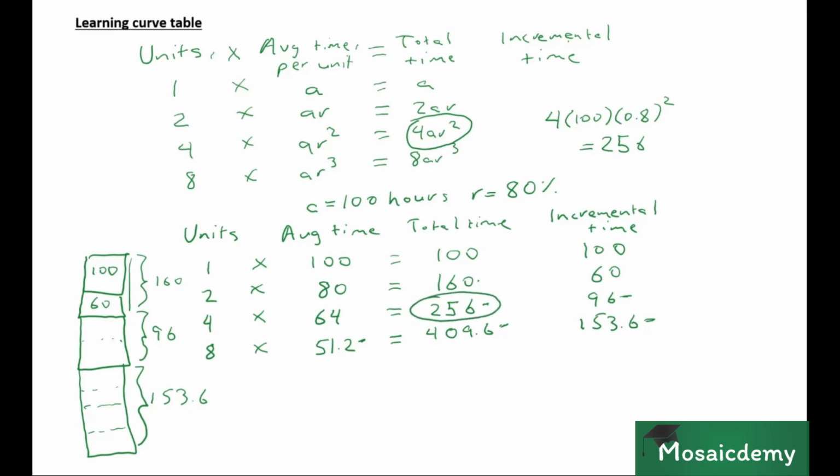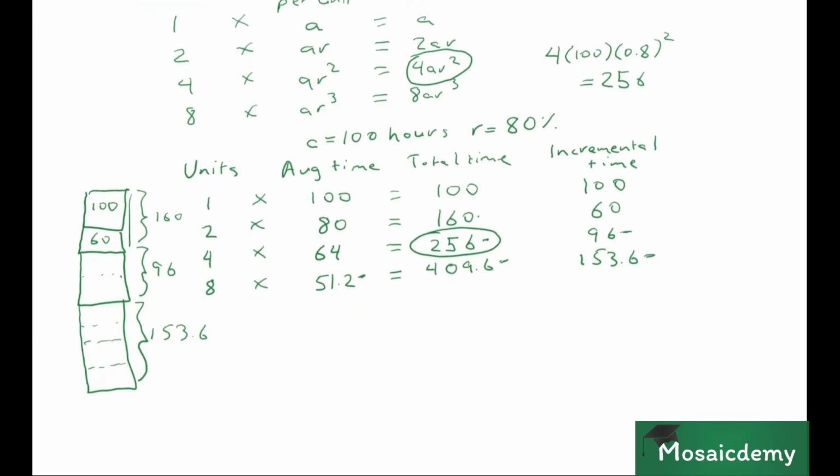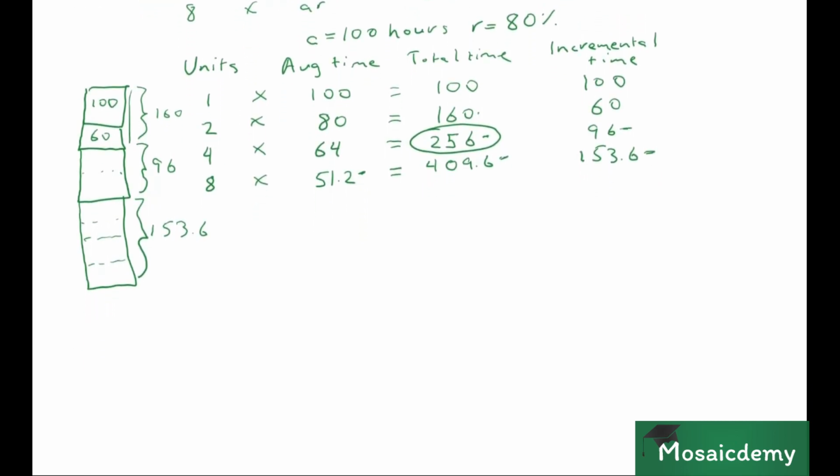Now, just for practice, let's do the same for a different learning rate. This time, let's say A is 100 hours again, but the learning rate now is 90%, okay? So we once again have our columns: units, average time, total time, and incremental time, right? And units once again follow the pattern 1, 2, 4, 8. Average time.